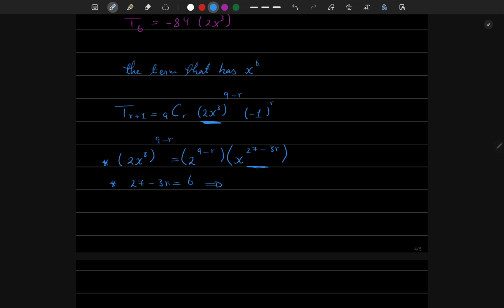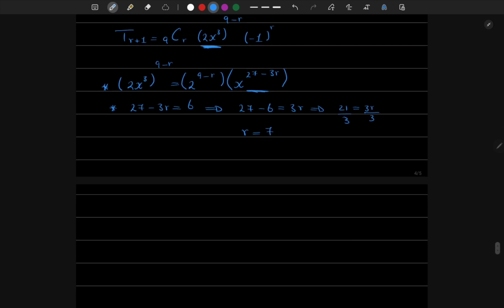Now I'm going to solve for r. 27 minus 6 equals 3r, and 27 minus 6 equals 21. Dividing both sides by 3, I find that r equals 7.